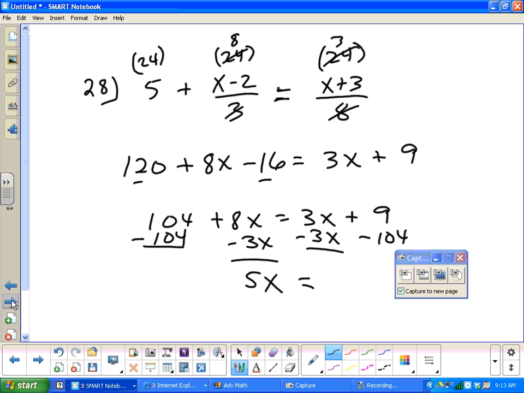Is that right? All right, and then negative 95 divided by 5 would be negative 19. There we go. That's it. All right, what was the other one? 34. Okay.